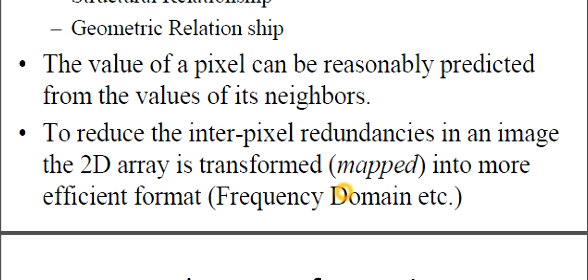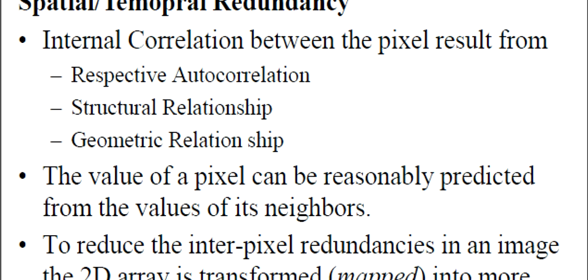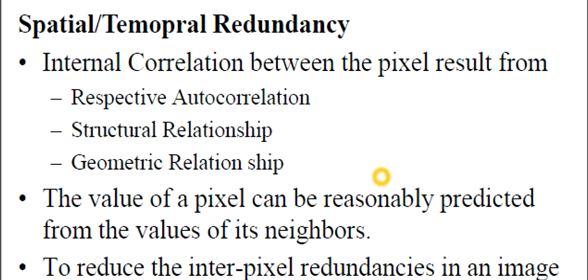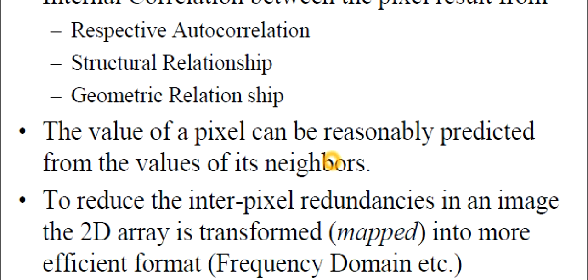To reduce the interpixel redundancies in an image, the 2D array is transformed or mapped into a more efficient form, that is, the frequency domain. About image transformation, I have given an assignment, so I hope all of you have attempted it. Try to study those different image transformation techniques, because they are very important for us.